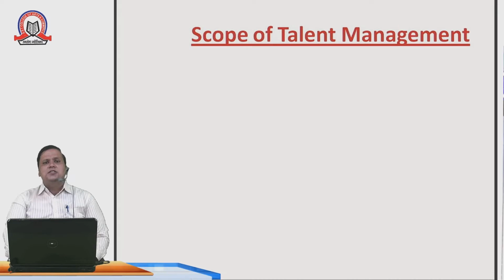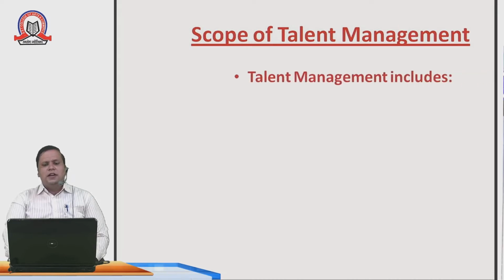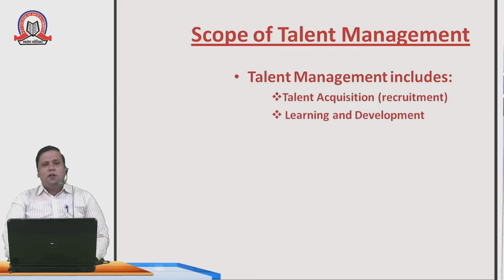Then let us see the scope of talent management. Talent management includes talent acquisition, that is recruitment, as I said in the previous slide. Then learning and development, giving opportunities to the employees for enhancing their career graph, learning and developing different skill sets and performing accordingly.